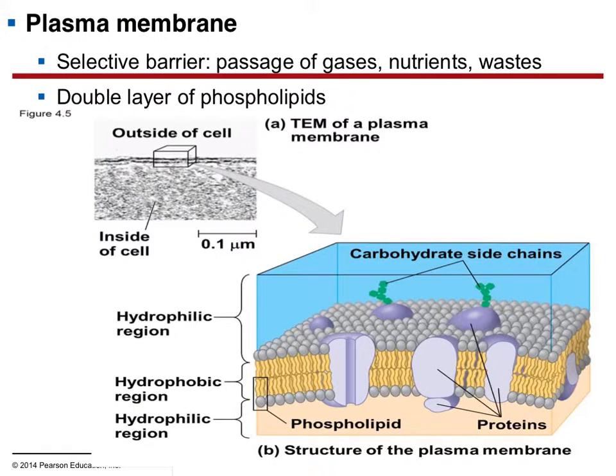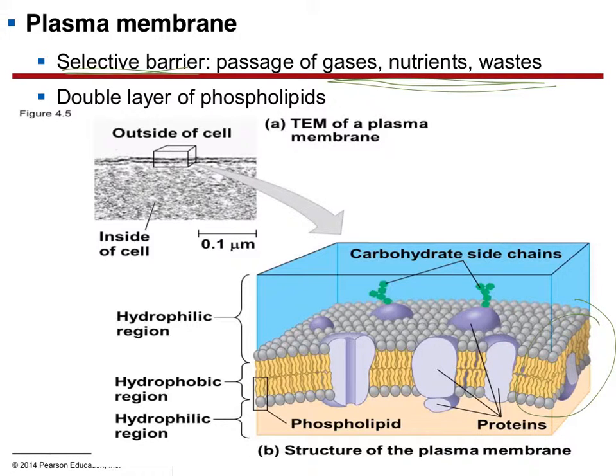The plasma membrane is this outer membrane, and we'll talk more in chapter 7 about how things move in and out of this membrane. It is considered to be selectively permeable, meaning it does not allow everything to cross. Certain things like gases and some nutrients are easily transportable, but other things are more involved in their passage.